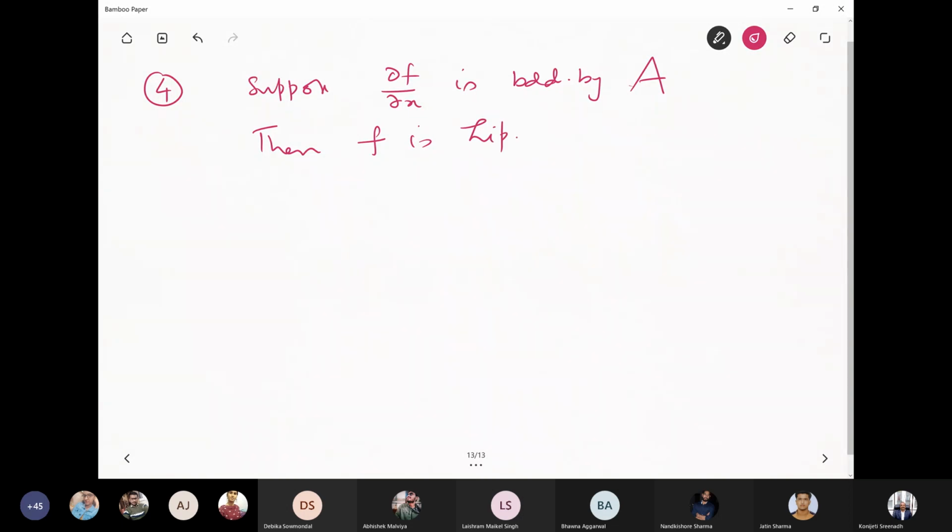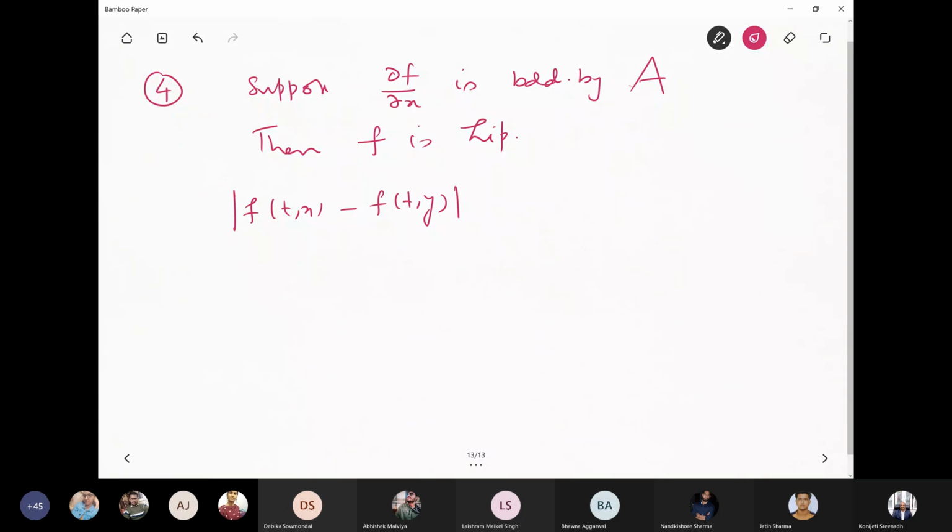Why is that? So, f(x) minus f(y). For this to hold, of course, I'm assuming that the partial derivative of f with respect to x exists. It has to exist at all points in the domain. Then only I can talk about it.